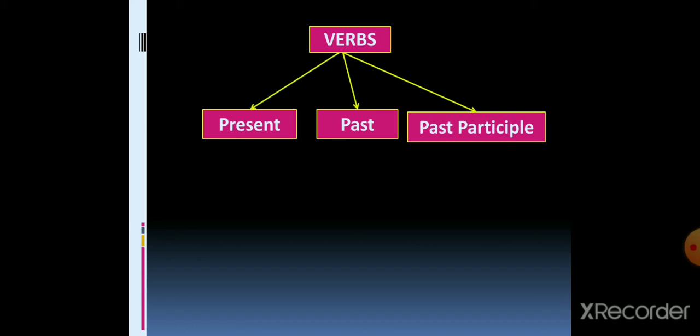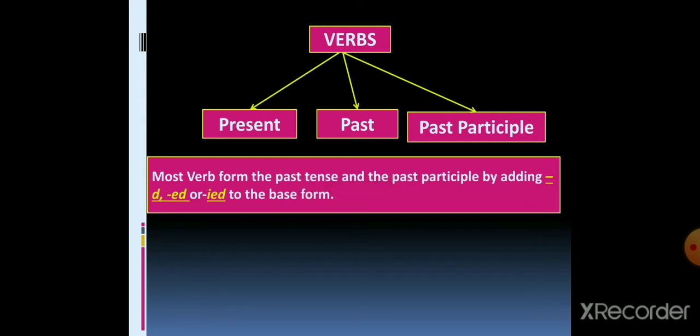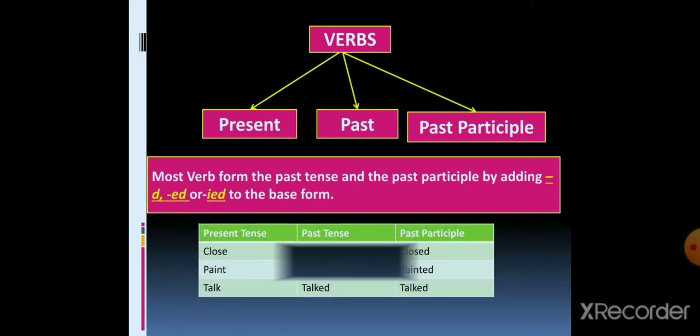Now, how can we form these forms of the verb? Most of the verbs form the past tense and past participle by just adding d, ed or ied to the basic form of the verb. See, here are some examples.